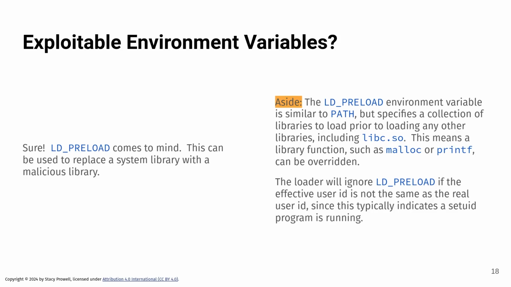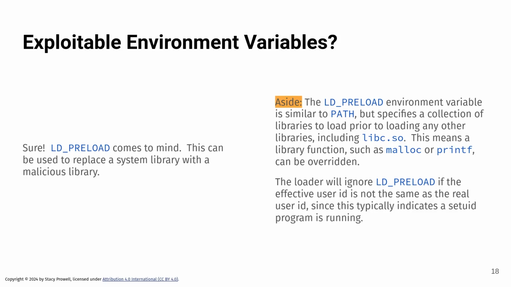The LD part means that it refers to the linker, and preload is just what it does. If I put stuff in LD_PRELOAD, then the linker will load that into memory first. So I could set the environment variable LD_PRELOAD to point to a library that I had built, which contains some malicious code.